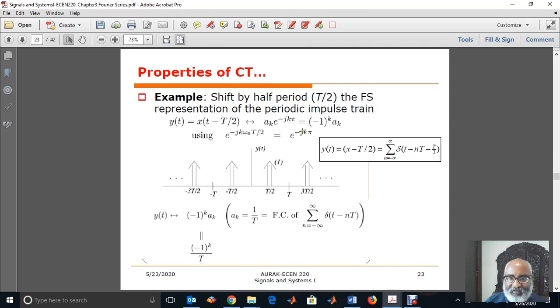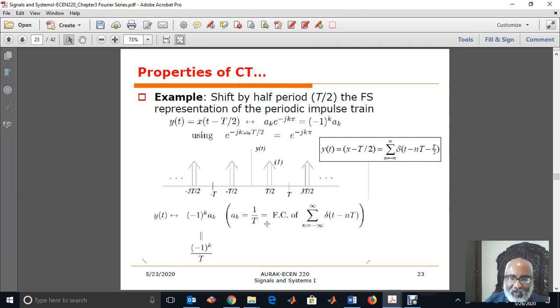What is e raised to minus jk pi? This means e raised to j pi, to the power of k. e raised to j pi means negative 1. So negative 1 to the power of k times a_k. But a_k is 1 over T, so it becomes negative 1 to the power of k, over capital T.